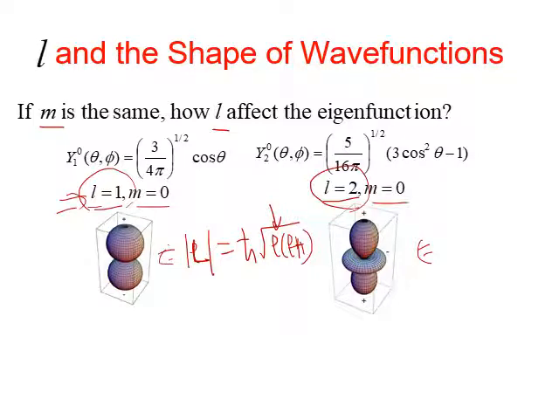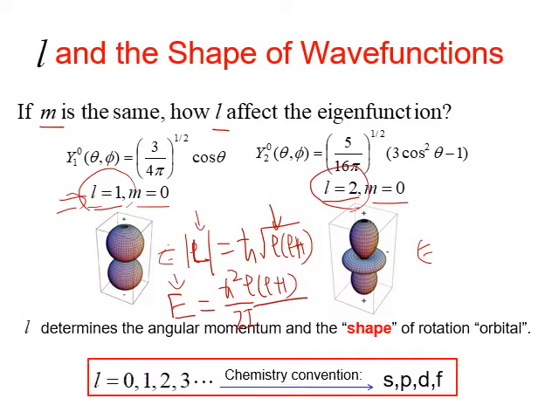The energy of rotation is also determined by this quantum number: h bar squared over 2I times L times L plus 1. So the angular momentum quantum number determines the magnitude of angular momentum, the energy of the rigid rotor, and here we show it also determines the shape of the rotation.